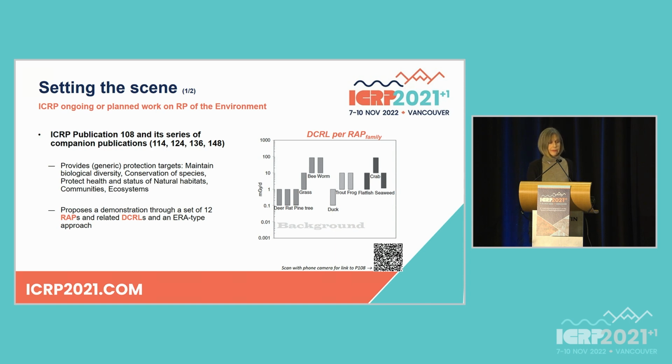And the critical aspect of the method deals really with the use of those 12 RAPs being representative of the protection targets, meaning the biological diversity and the nature conservation.